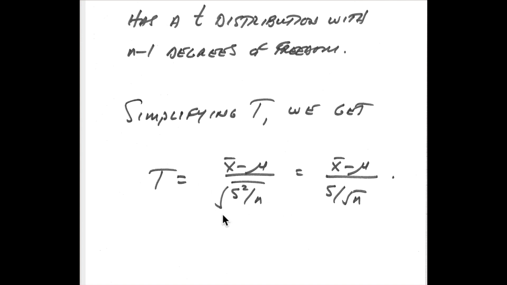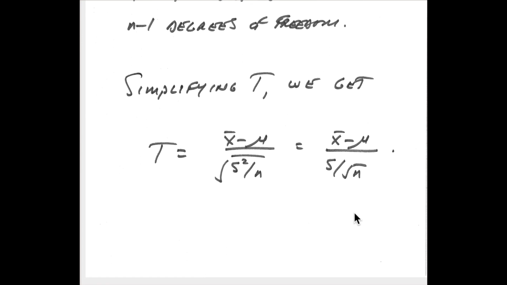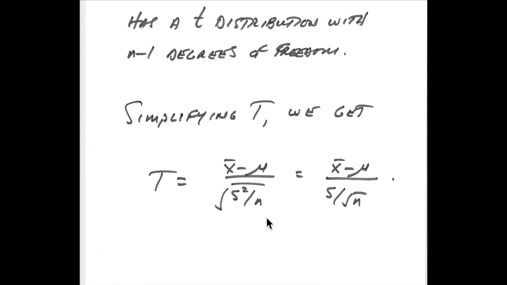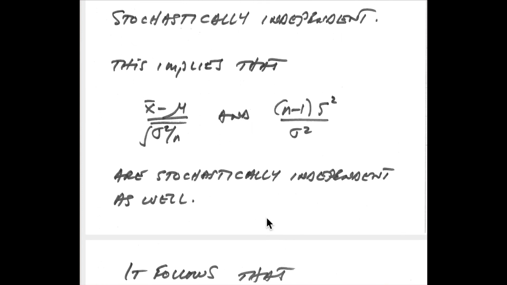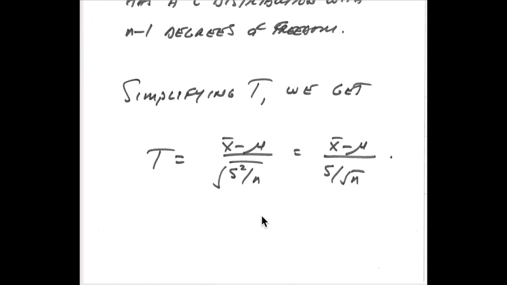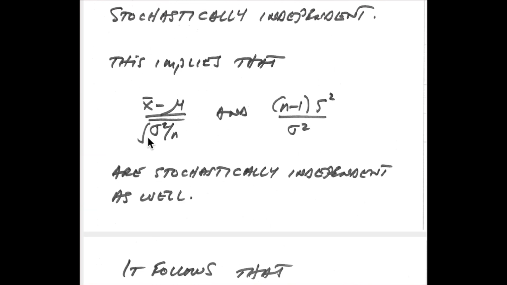And so we could also write that as x bar minus mu over the sample standard deviation over the square root of the sample size. It looks like all we did here was replace sigma squared by s squared.